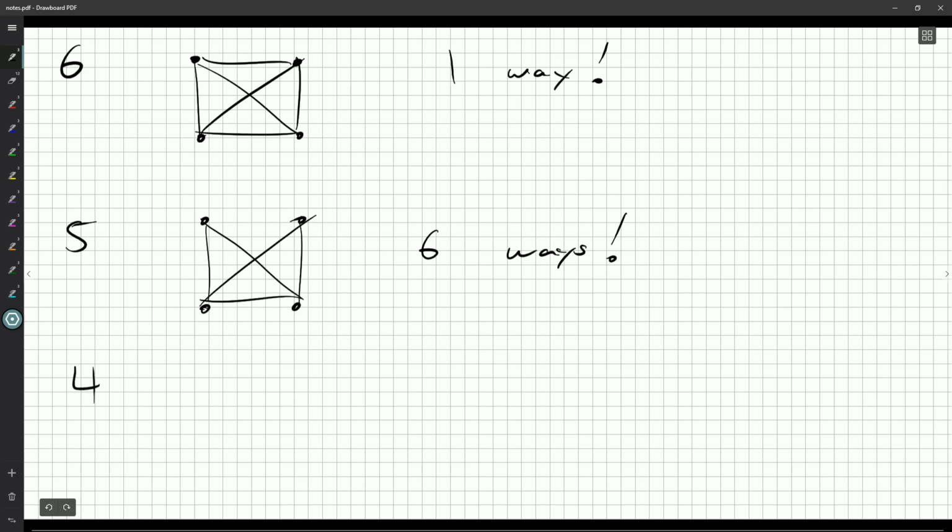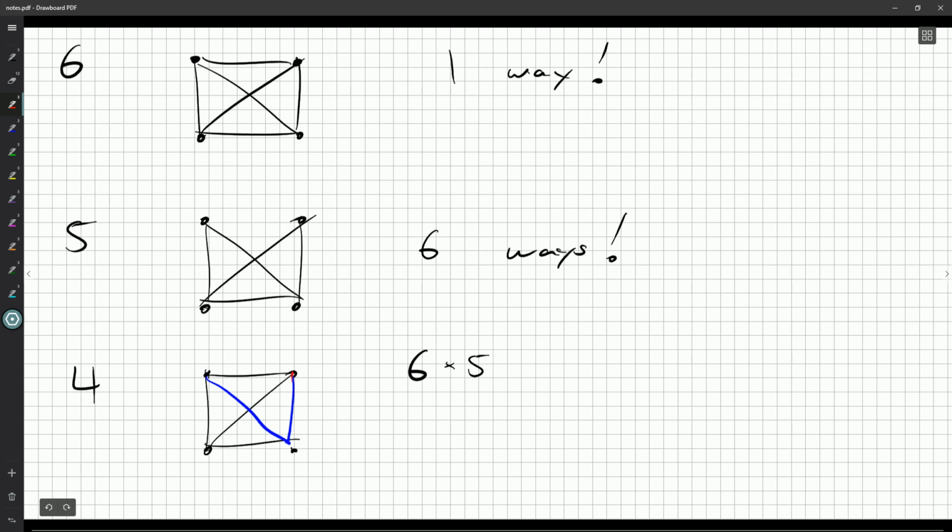For 4, how many ways are there to get just 4 friendships? This one's a little trickier because we could remove 2 of them. So there's 6 choices for the first thing for me to remove. And then that would leave me 5 more choices for the next friendship to remove. And you'll notice it's still connected. So I removed this one first and then this one.